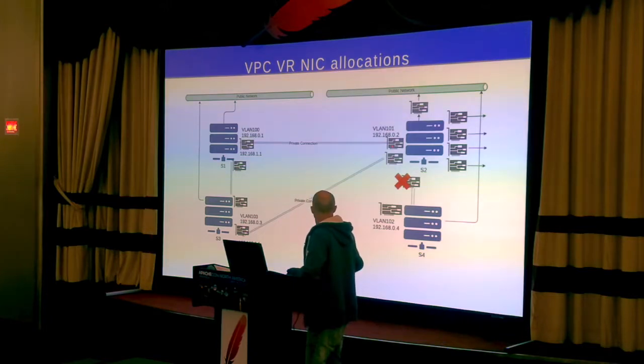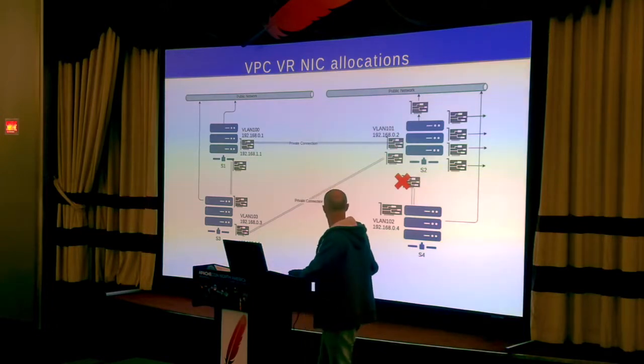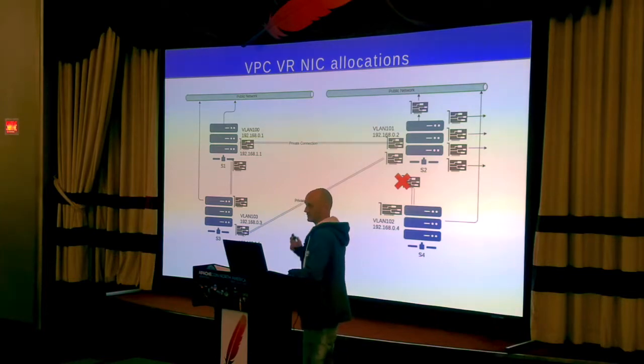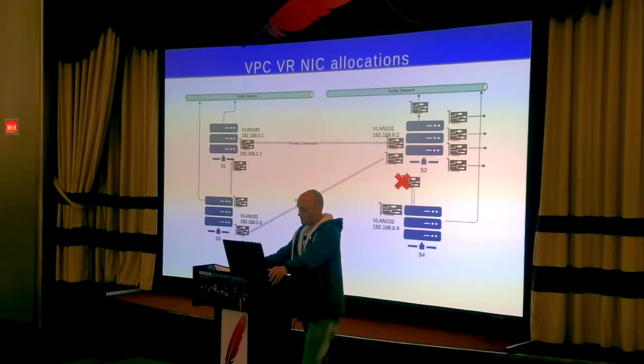You could also already have 2 peering NICs. So pretty fast you start running out of NICs. In this situation, what happened is that trying to peer S4 to S2, there weren't enough NICs, and it bombed out.